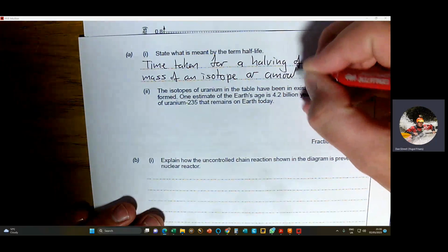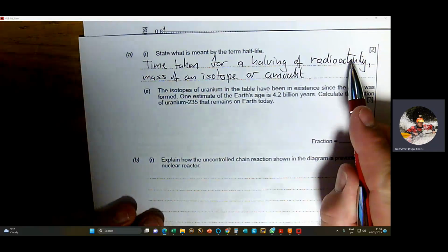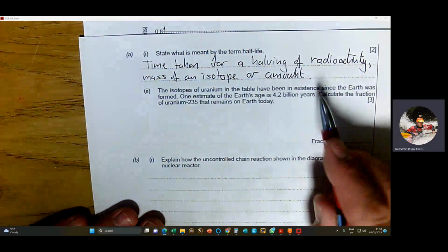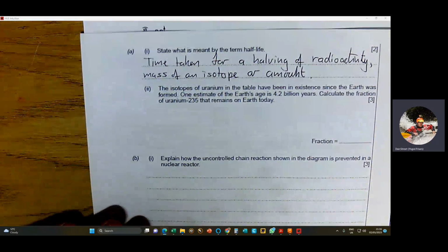Now, personally, I would suggest you use a halving of the radioactivity, but any of these three will get you a mark, because they all come from the same process.